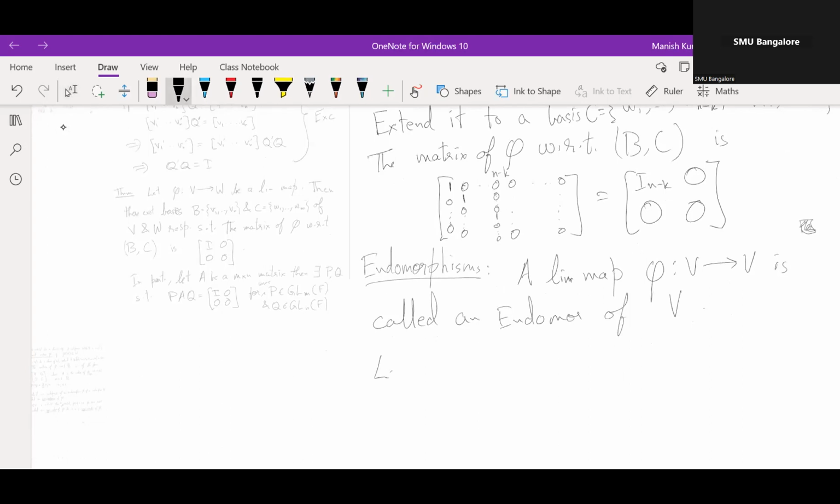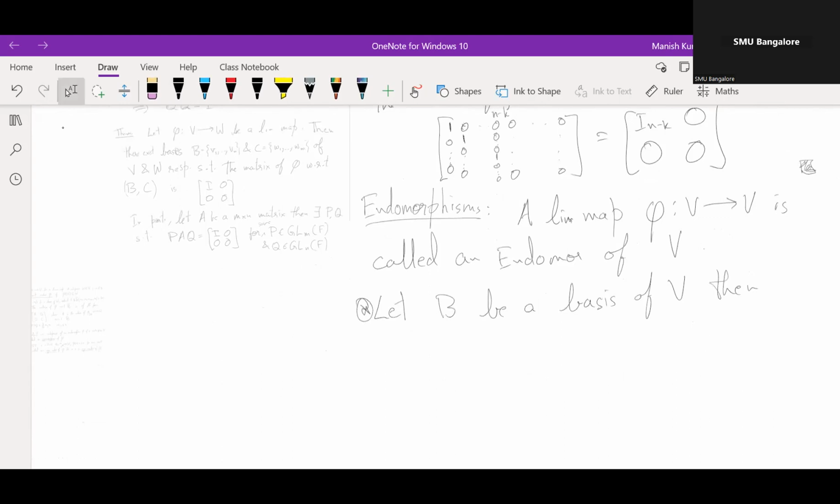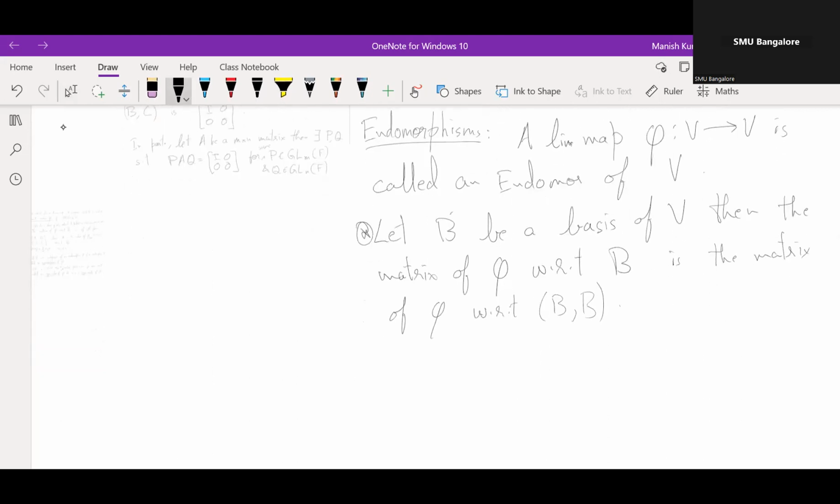So let B be a basis of V. Then the matrix of phi with respect to B is, in the old notation, the matrix of phi with respect to B, B. This may be a silly way of writing it, but what it means is that if B is v1 to vn, then phi of vj you write as the summation of Aij vi, i equals 1 to n.